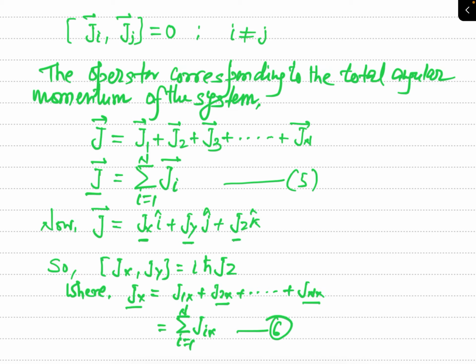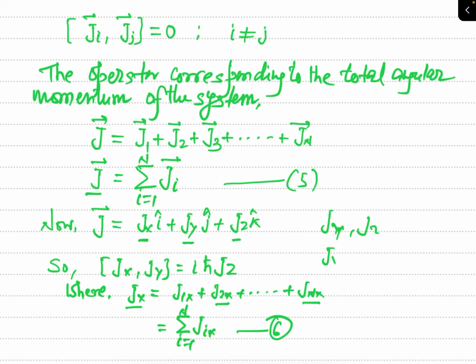And if you want to find the angular momentum operator corresponding to a particular component, either x, y or z component of the total angular momentum operator, then you follow the same rule. You have to add the operators corresponding to the x component of the angular momentum for each and every particle. Similarly, you can also find the operators Jy and Jz.